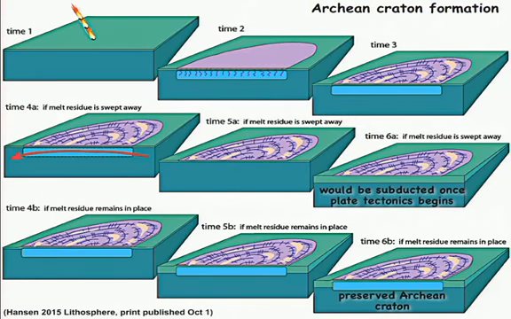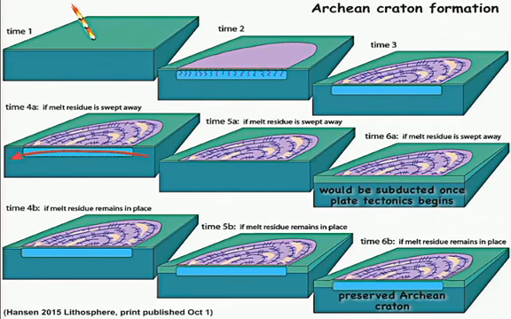So if we look at the Archean now, we have a similar set of diagrams. Here we go through and we can form these. But if the residuum is moved away, then we have our granite-greenstone terrain now without its life preserver of support.